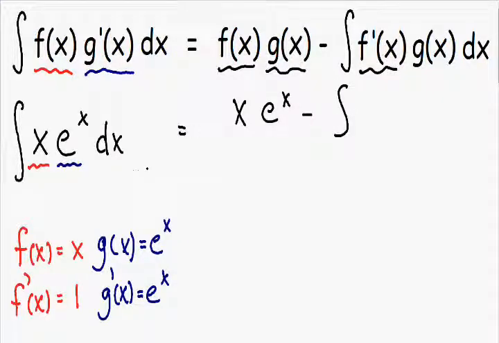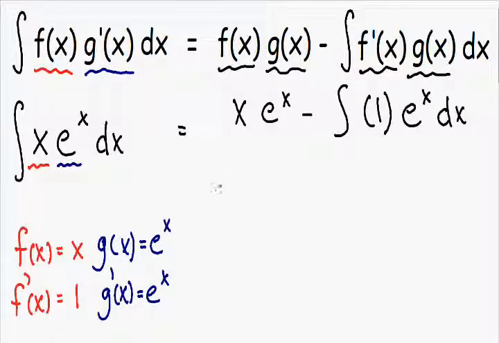F prime of x is equal to 1, so we plug in a 1 for f prime of x, and this is being multiplied by g of x, which is e to the x, so we'll plug in e to the x. And we can't forget to put our dx at the end of the integral.